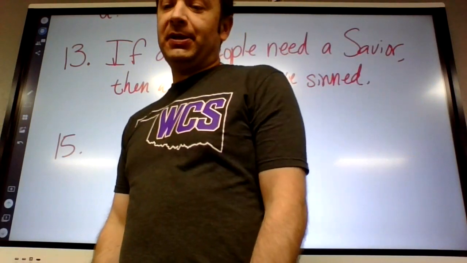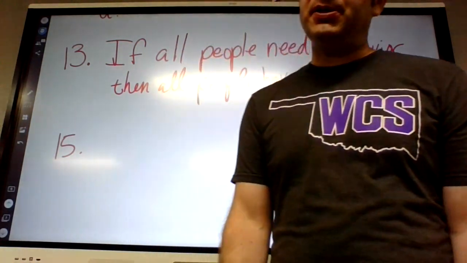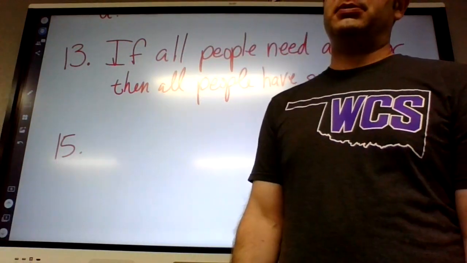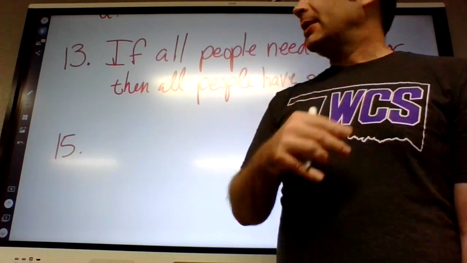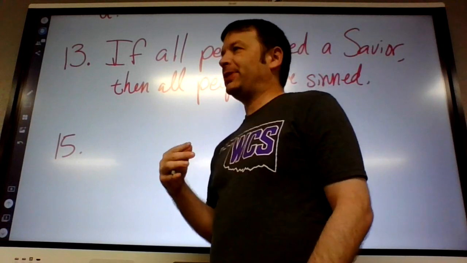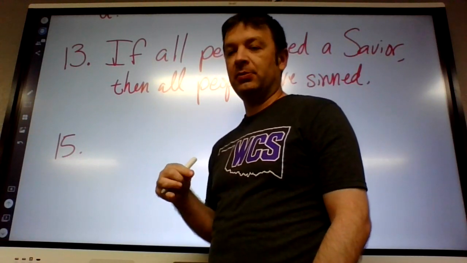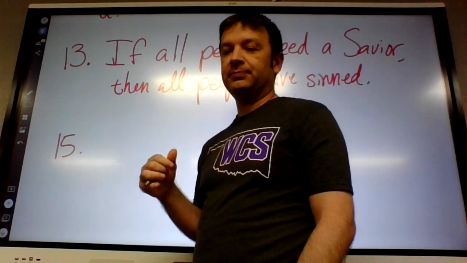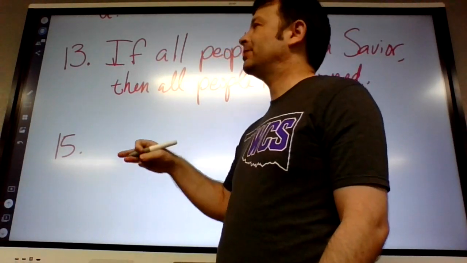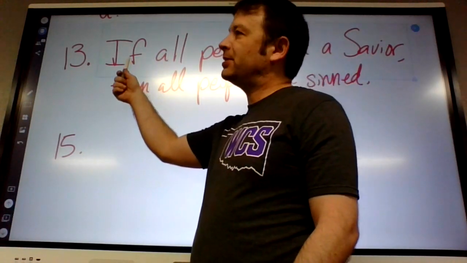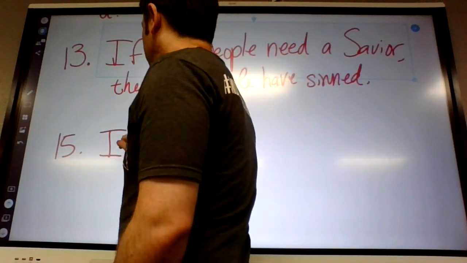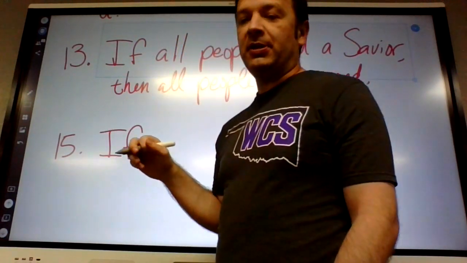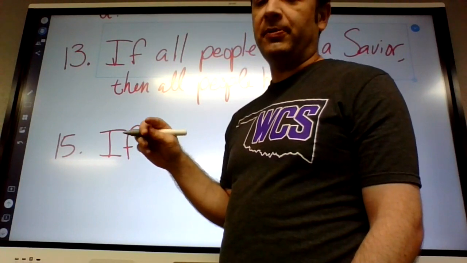Number 15. If two lines do not intersect, then they are parallel. It's not parallel if two lines intersect. Okay, you don't start with it's. What do we start with? If. You probably don't want to start with they, because what are you referring to?